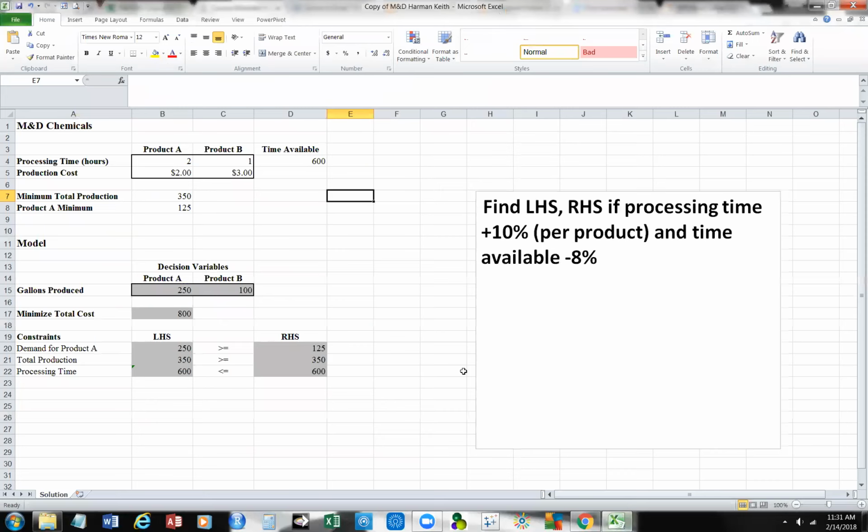So that brings us now to M&D Chemicals. Some of the other things we see as we start to look at this: notice that the more expensive product B takes less time to process.